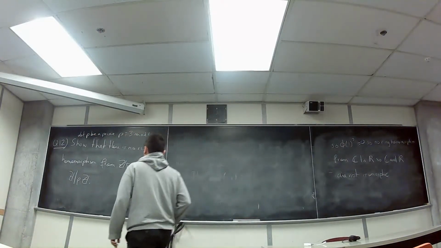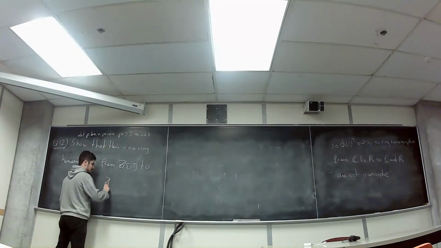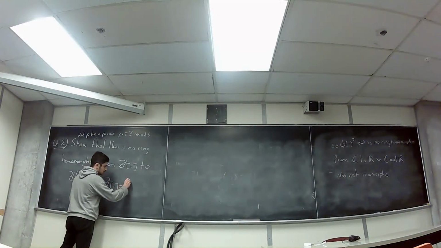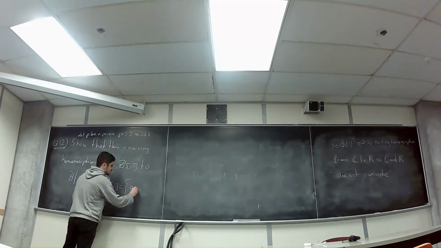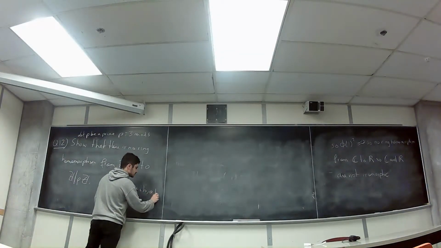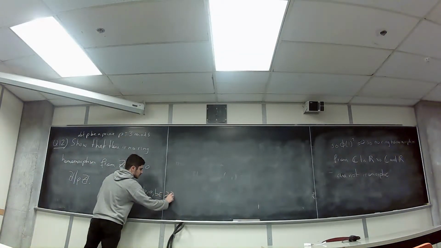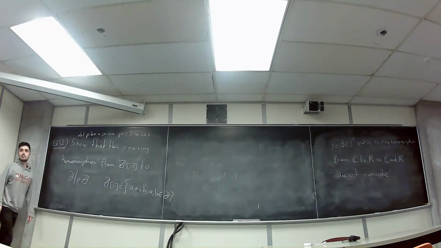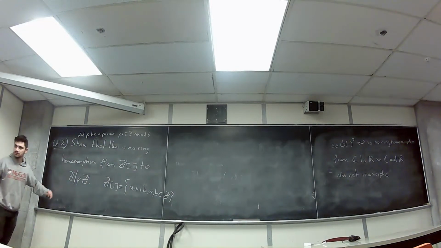And what is Z of i? Maybe let me define Z of i. I defined it in the question. These are all the elements of the form a plus ib, where a and b are integers.